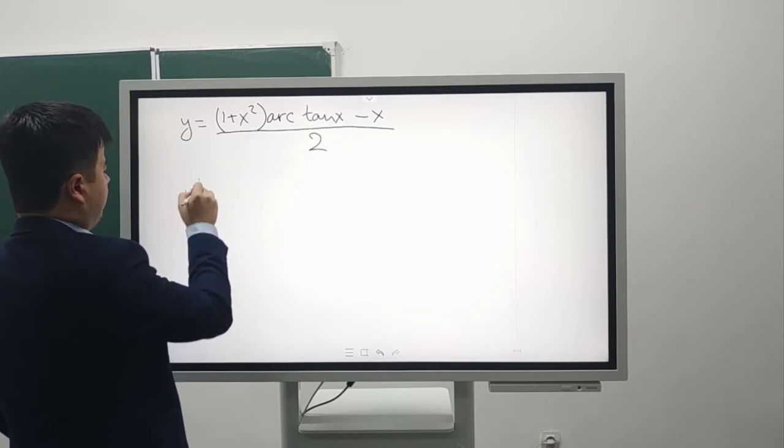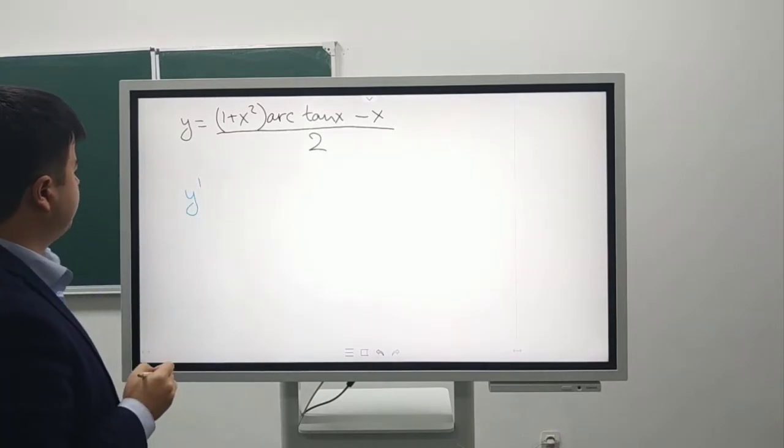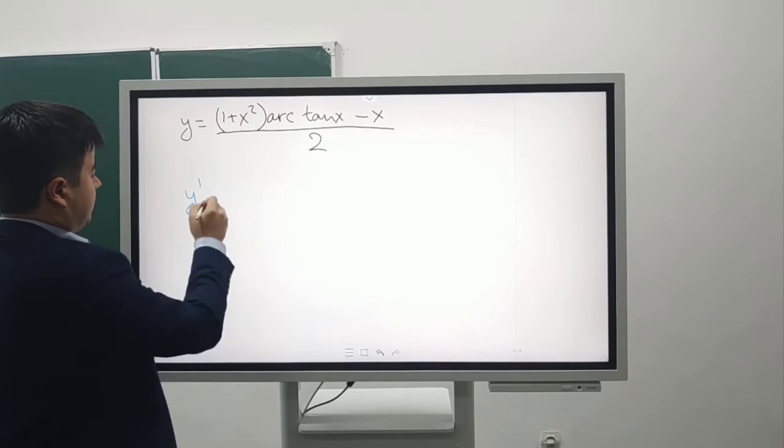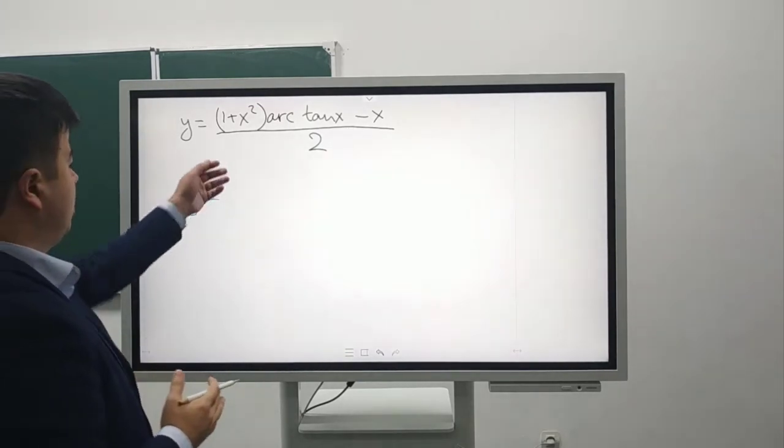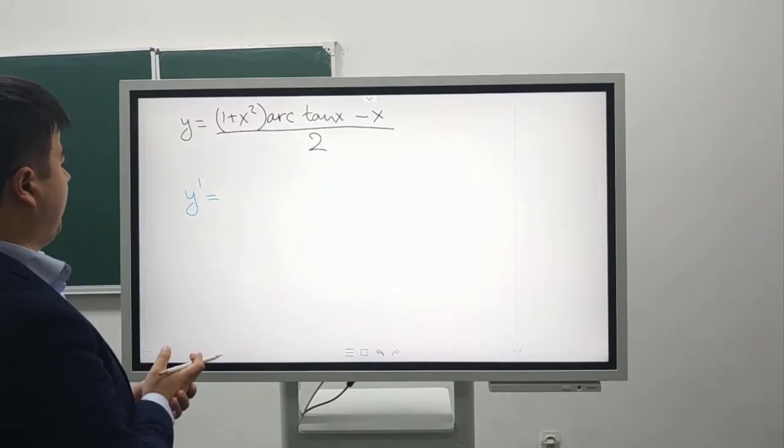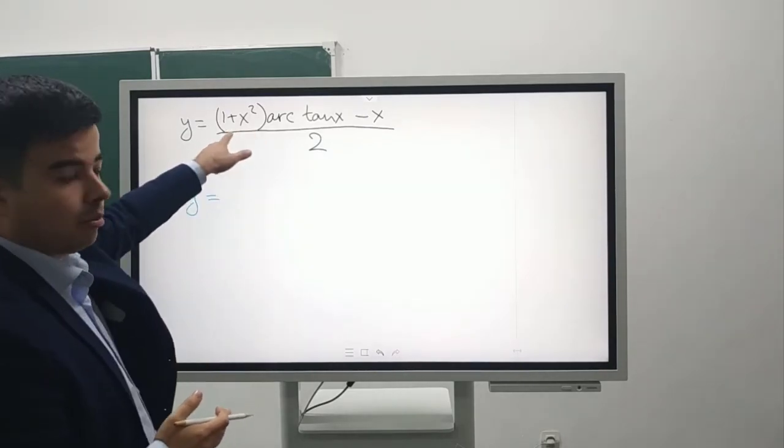So y prime here, let's use again the product rule for the two functions on top, and then we need to subtract.